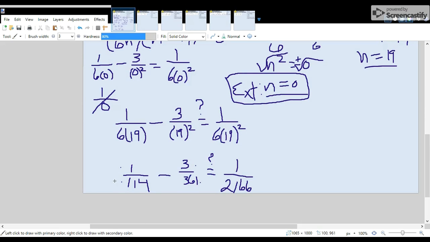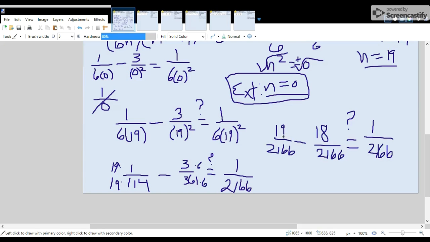So let's go ahead and multiply the first fraction by 19 and the second fraction by 6. So go ahead and multiply those out, see what you get.